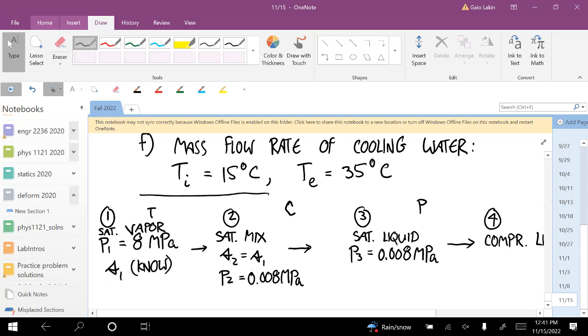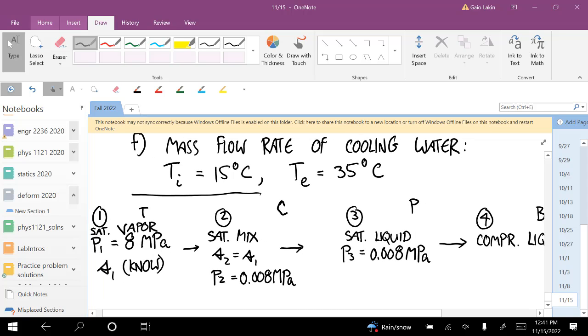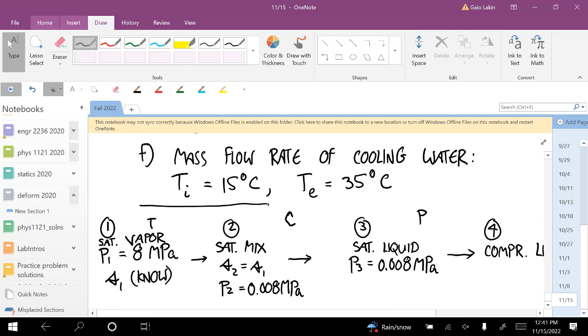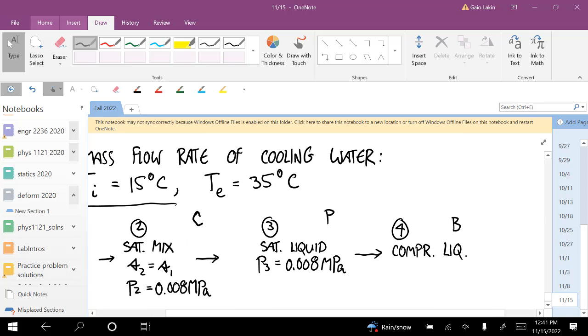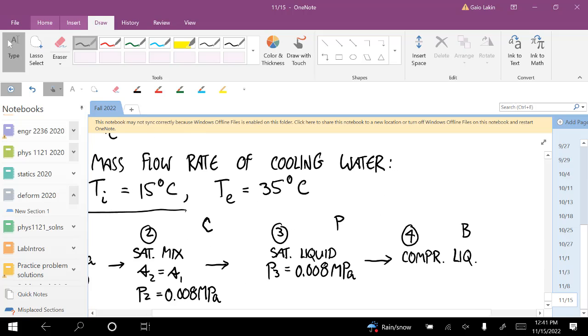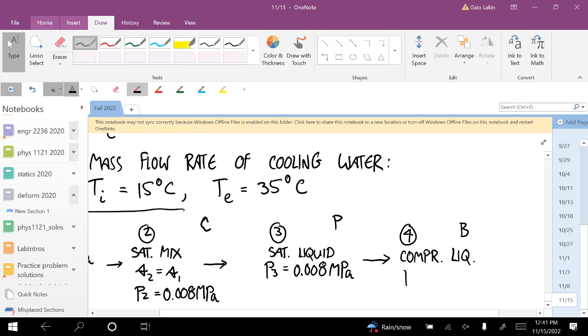Yeah, so we'll get to that in a second. We know it's a compressed liquid. We also know that since the boiler is constant pressure, the pressure P4 is 8 megapascals.